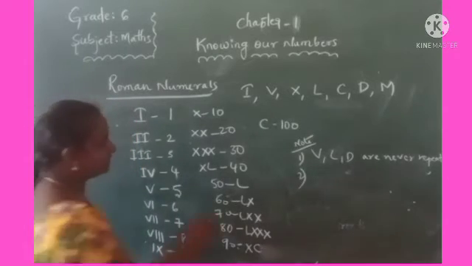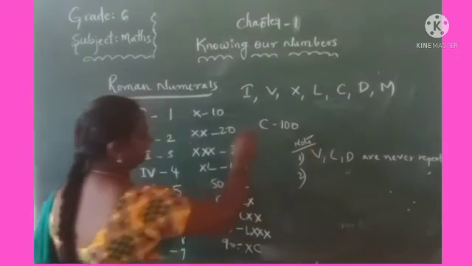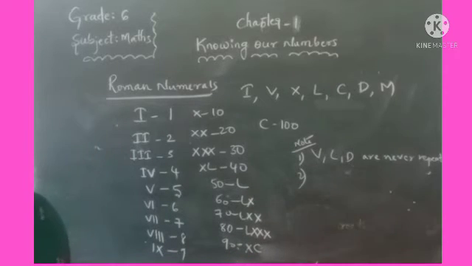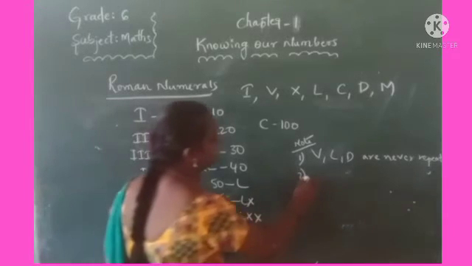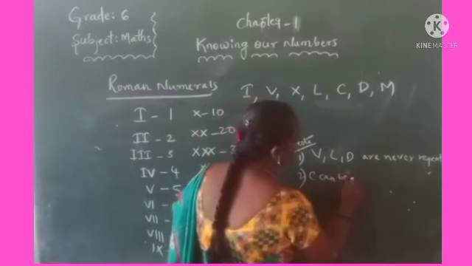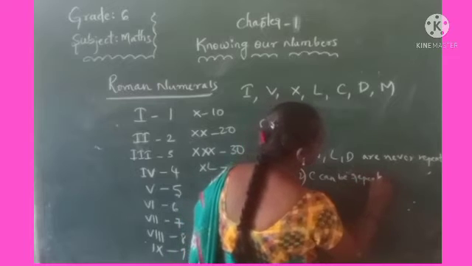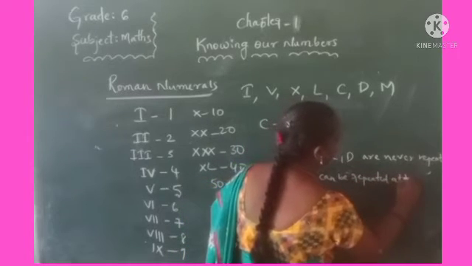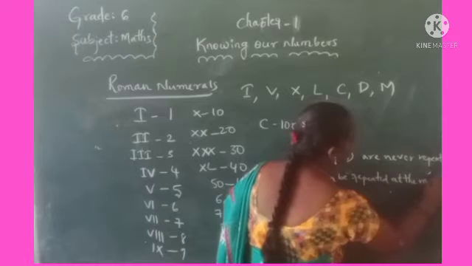The letter C is for 100, that one we can write 3 times. So what is the condition? C can be repeated at the most 3 times.